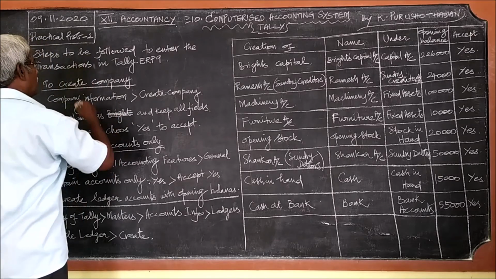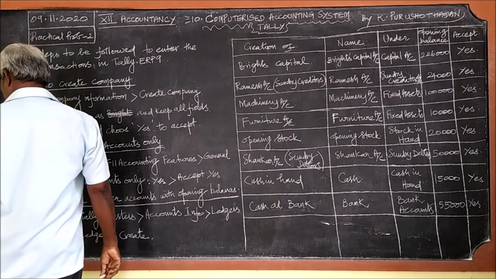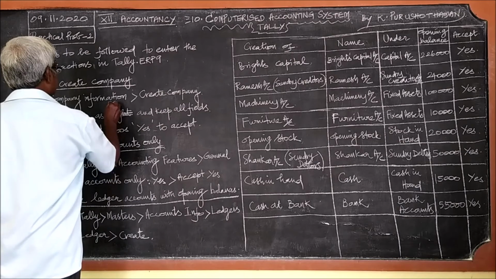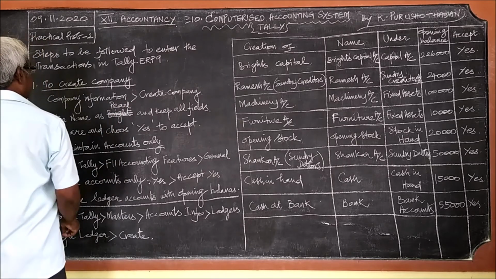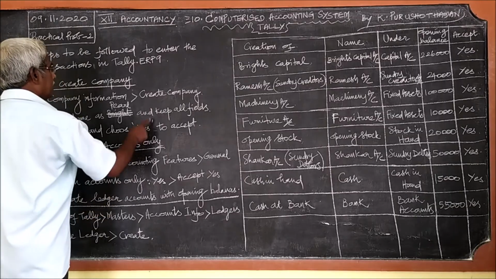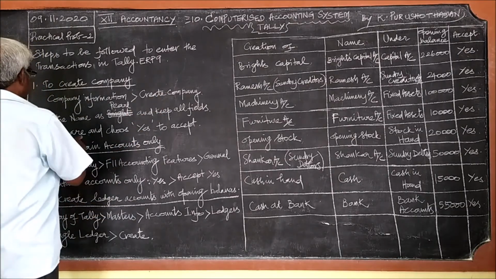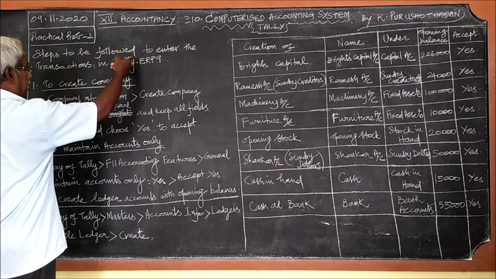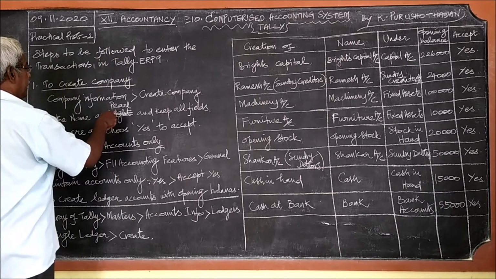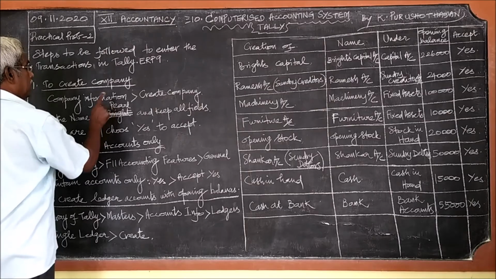In the problem it was Bright, but in this problem it is Pearl. The same thing: company information and create the company. And what name should be written here? In the practical problem, it is Bright's company. In this exercise problem, it is Pearl's company.